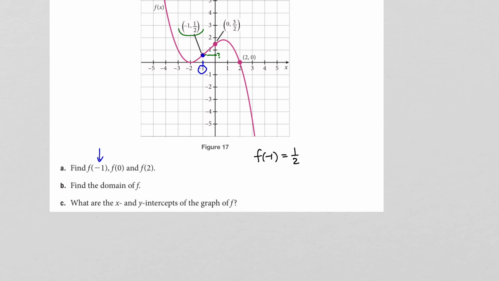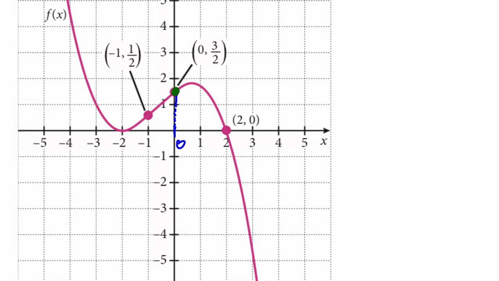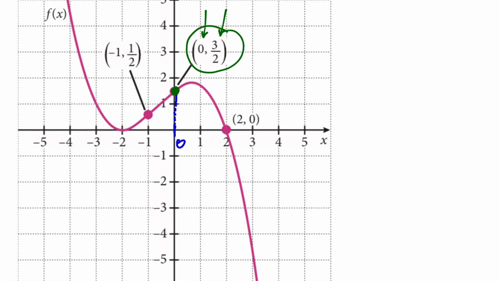Now let's find f of 0. To get f of 0, we do the same thing. We go to 0 on the x-axis and go up to the function, which is right here. Again, you can't really tell by looking at the graph where exactly that point is, but they tell us right here that when x equals 0, y equals 3/2.